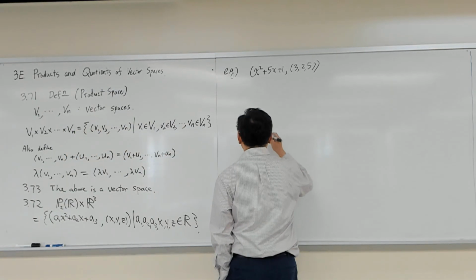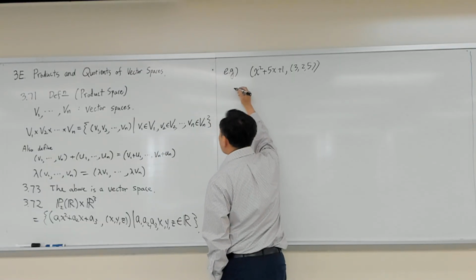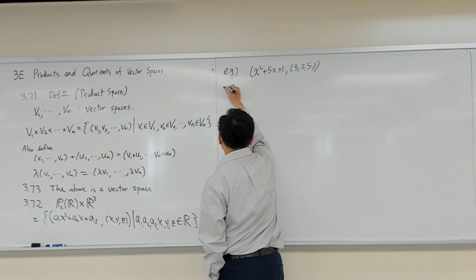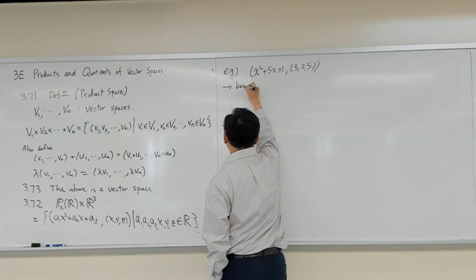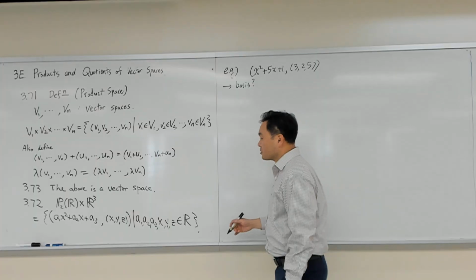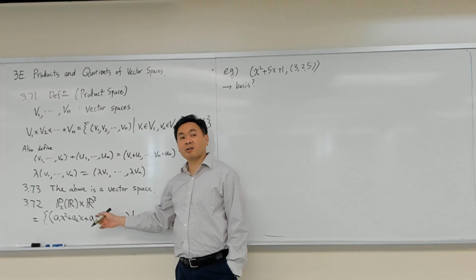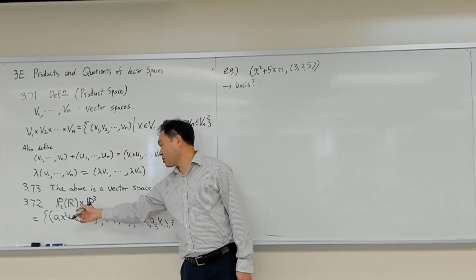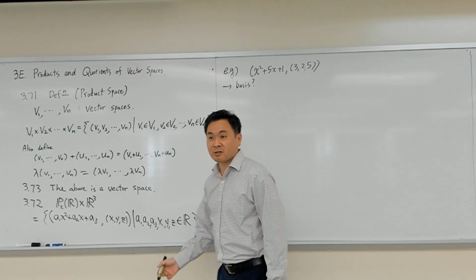Now, I don't know where it was, but later in the textbook, it asks for the basis. So, what's the basis? Well, think about a set of vectors that will generate everything that's written here.